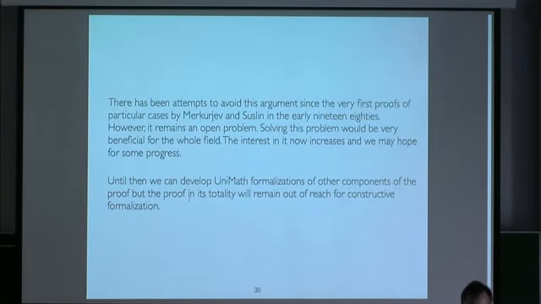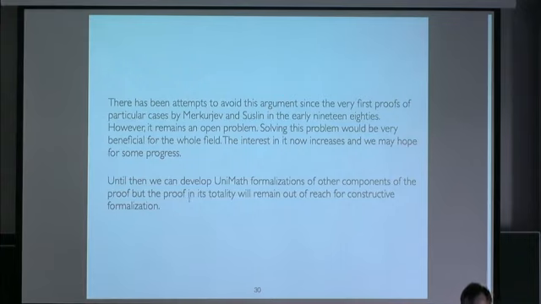Now, there have been attempts to avoid this argument since the very first proofs by Merkurjev and Suslin in the early 1980s. However, it remains an open problem. It is an open problem in motivic field.